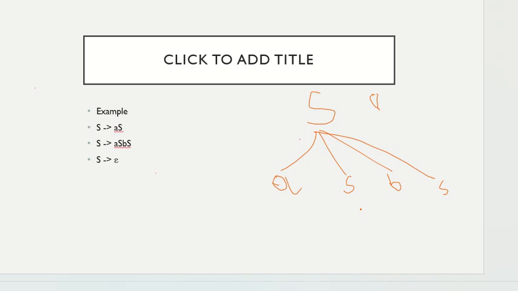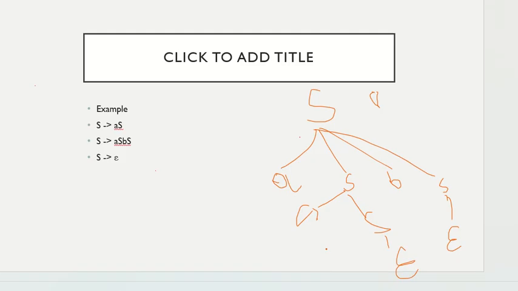We will apply a production rule. S derives A S B S. And for this production we will apply a S, and for this production we will apply epsilon, and for this production we will apply epsilon.